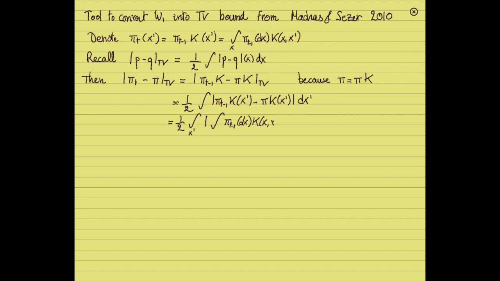So we get a lot of integrals now. We have 3 integrals in this expression. One over x prime, which is the next step. One over x, which is the distribution of the chain at step t minus 1. And one over x tilde, the stationary distribution.